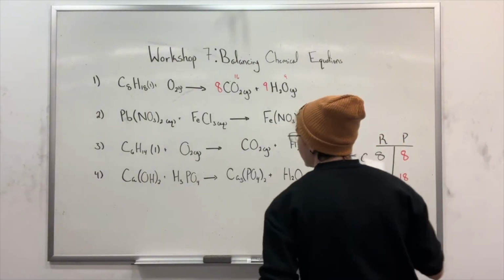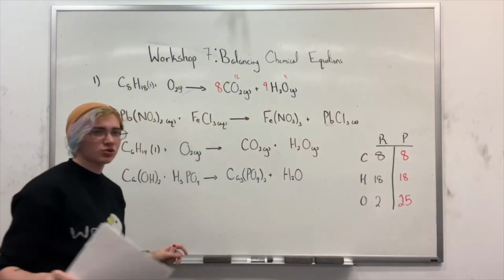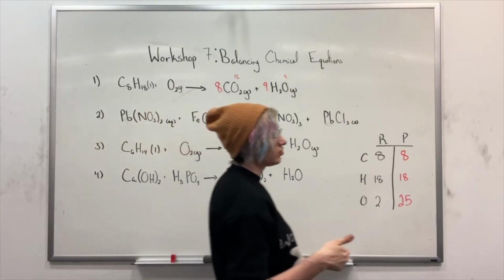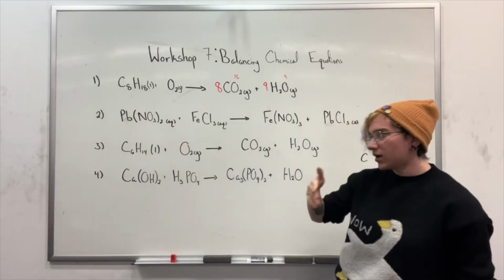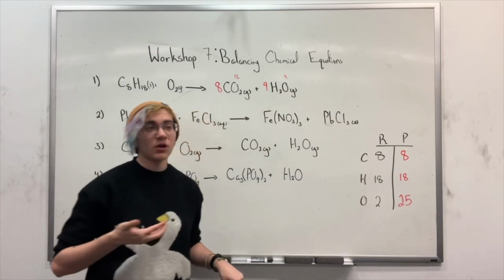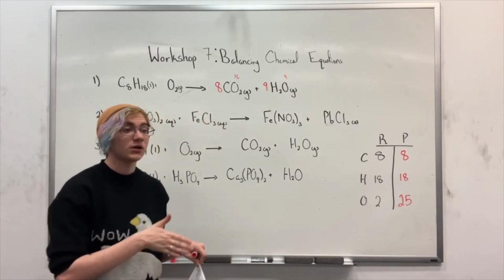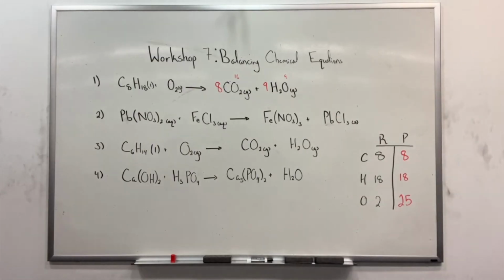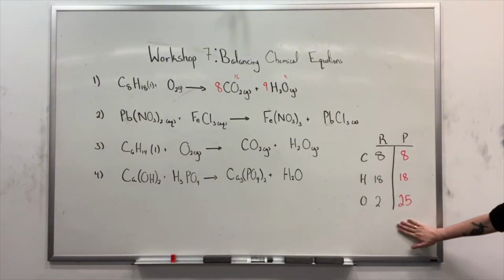Now, this is what makes combustion reactions usually your more difficult, if not your most difficult, types of reactions to balance. Oftentimes, you are going to have odd numbers involved. The example that we used before, we got a little bit lucky. It was a little bit nicer of a combustion reaction, and so there were no odd numbers, but this is a much more common occurrence.